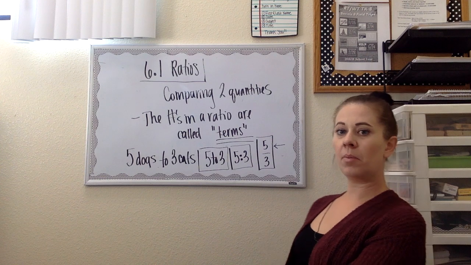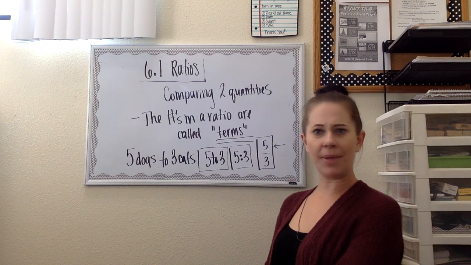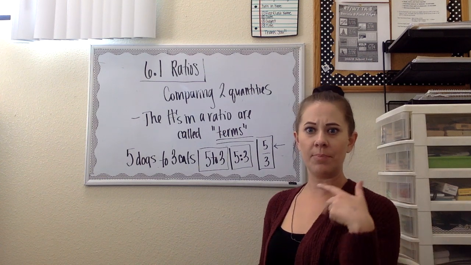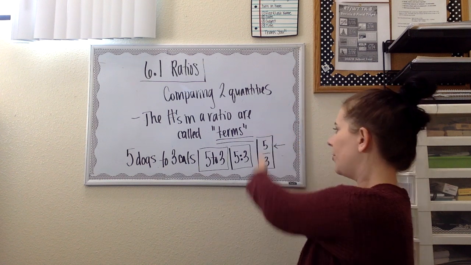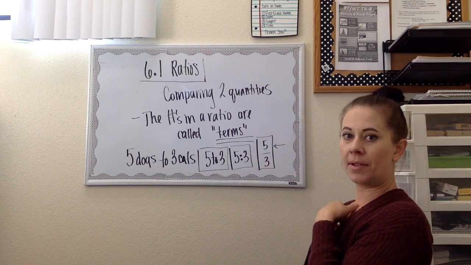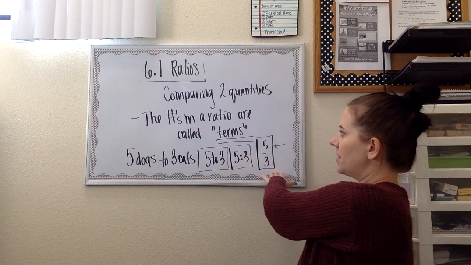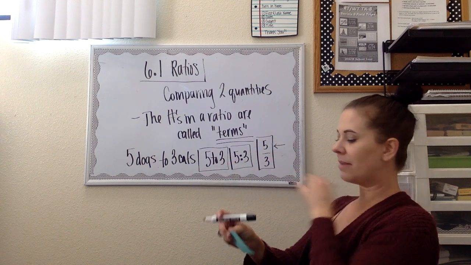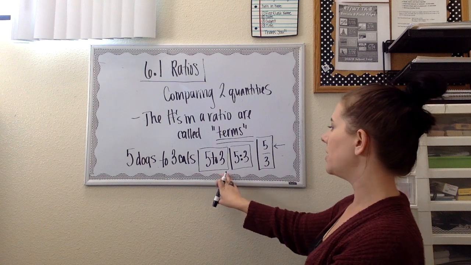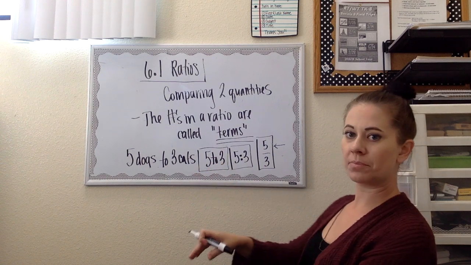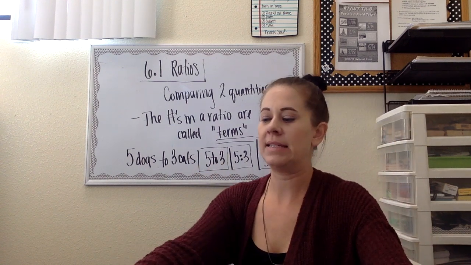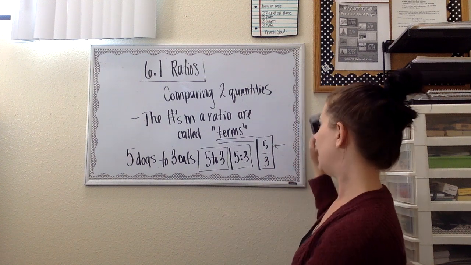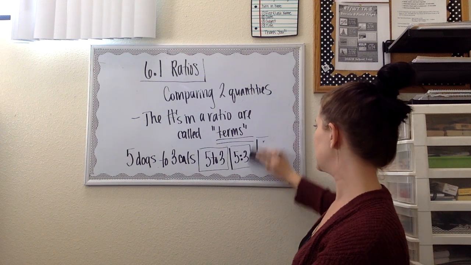So the number that we want to say first is on the top. Kind of like if I say 1/2, I put the 1 on top. This is 5/3, so I put the 5 on top. These all represent the ratio of 5 dogs to 3 cats. Okay, so comparing two quantities, and remember we call these terms. All right, if you need to write that and catch up, do that because I'm about to erase.